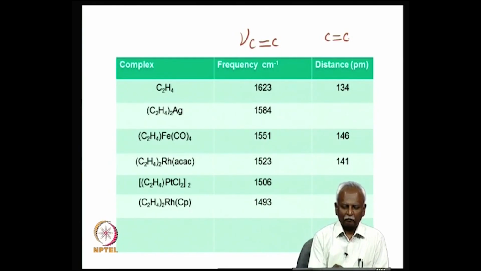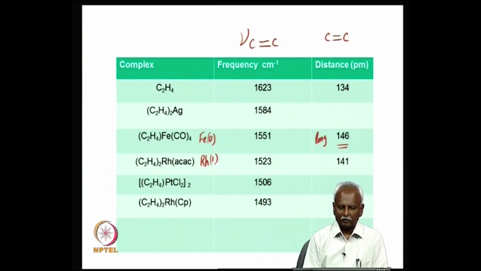So, if you have iron in 0 oxidation state, the bond distance is 1.46 angstroms, it is long, whereas in the case of rhodium 1, this is a +1 oxidation state, and so back bonding is less, and so the olefin has got a shorter bond distance. So, this is less pi interaction in this case.